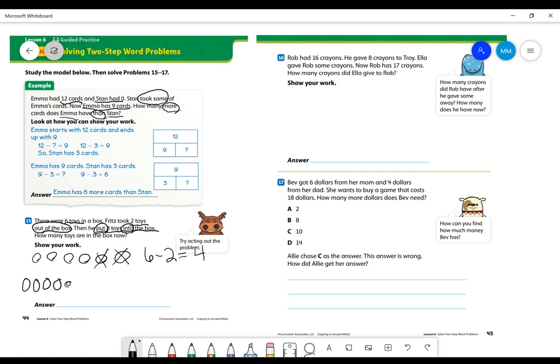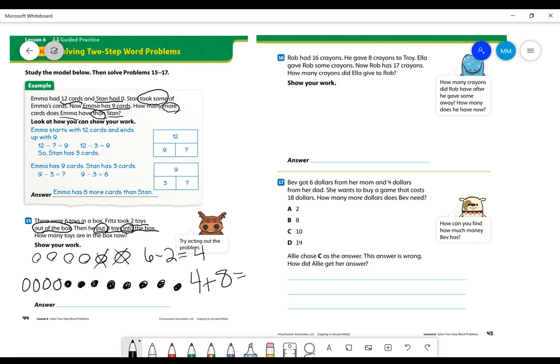So 4, 5, 6, 7, 8, 9, 10, 11, 12. And our equation for that would be the 4 that were still left in the box, plus, because we are adding, how many did we add to the box? 8.